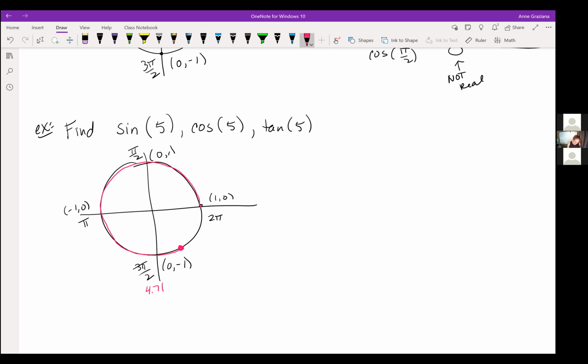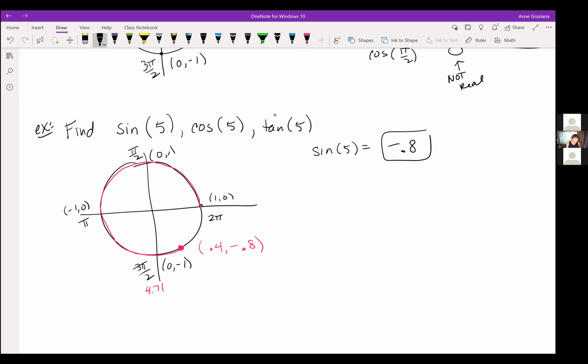And my coordinates, I have to estimate my coordinates. There we go, she's back. My coordinates are going to be about 0.4 and maybe negative 0.8 for y. Is everybody comfortable with that? I just went through that quickly. All right. So sine of 5 is then negative 0.8.